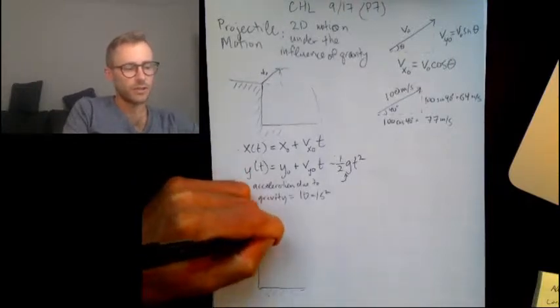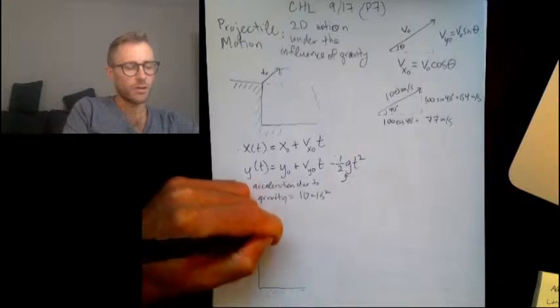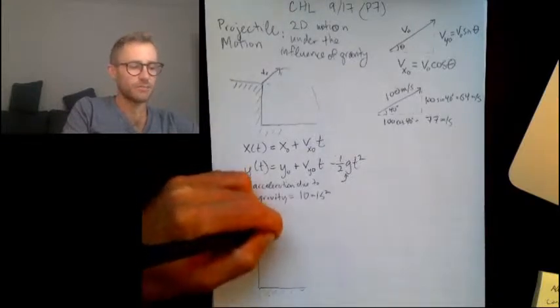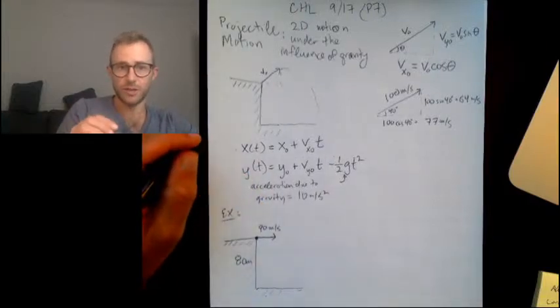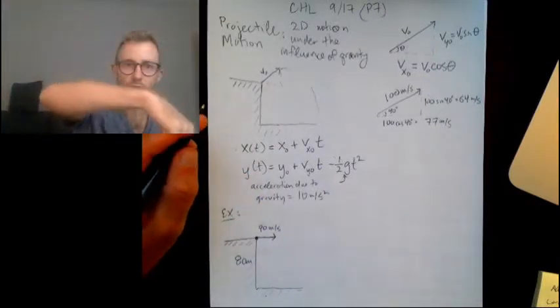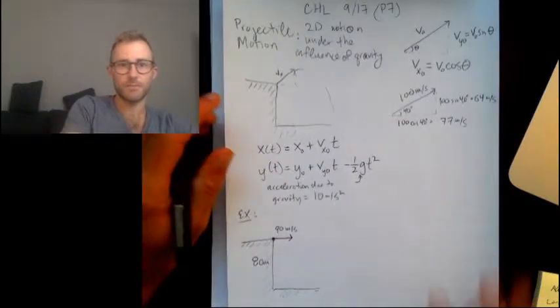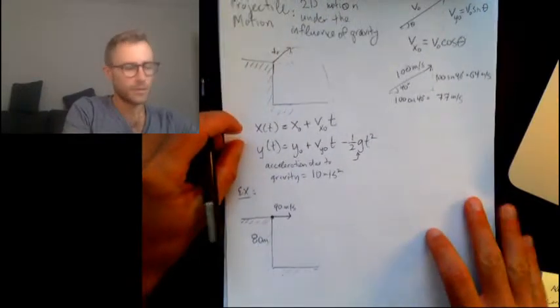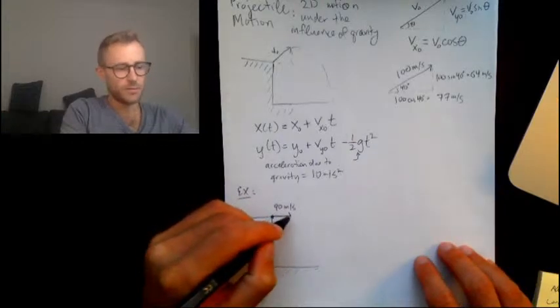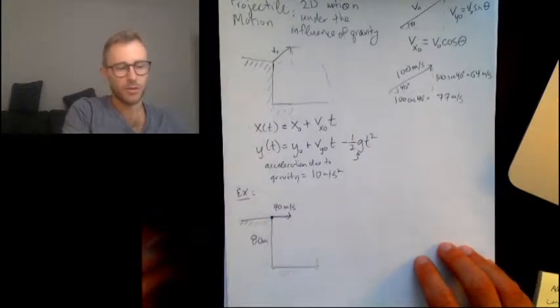This projectile is launched horizontally at 90 meters per second. That's the initial speed of the launch, okay? It won't be the final speed because gravity is going to curve that trajectory and accelerate it. So its initial launch speed is 90, and then it's going to undergo a path like this.